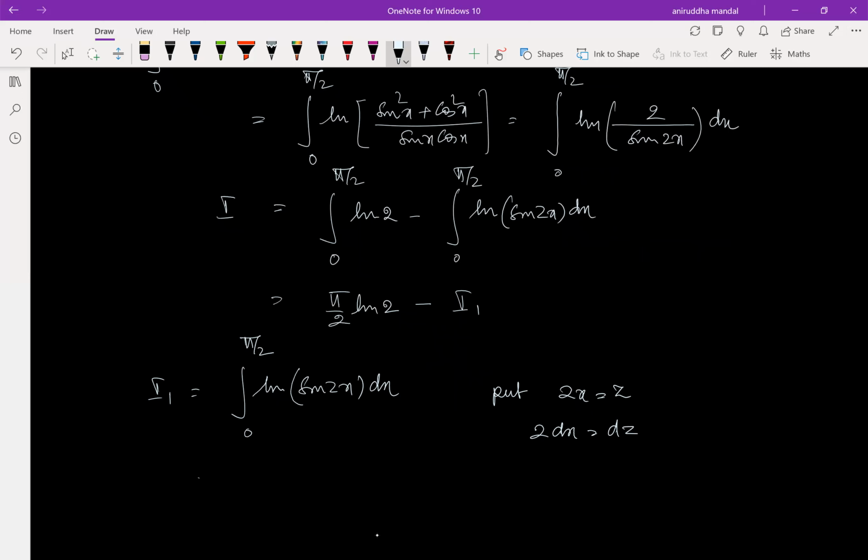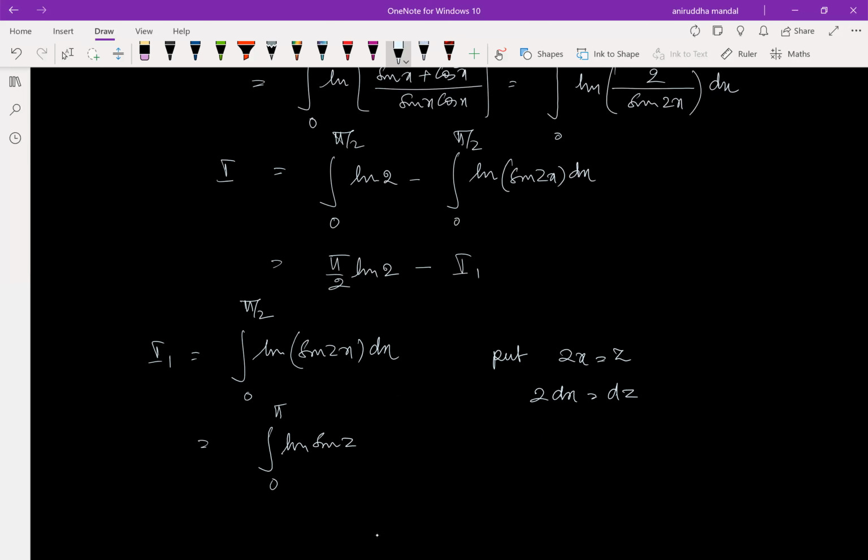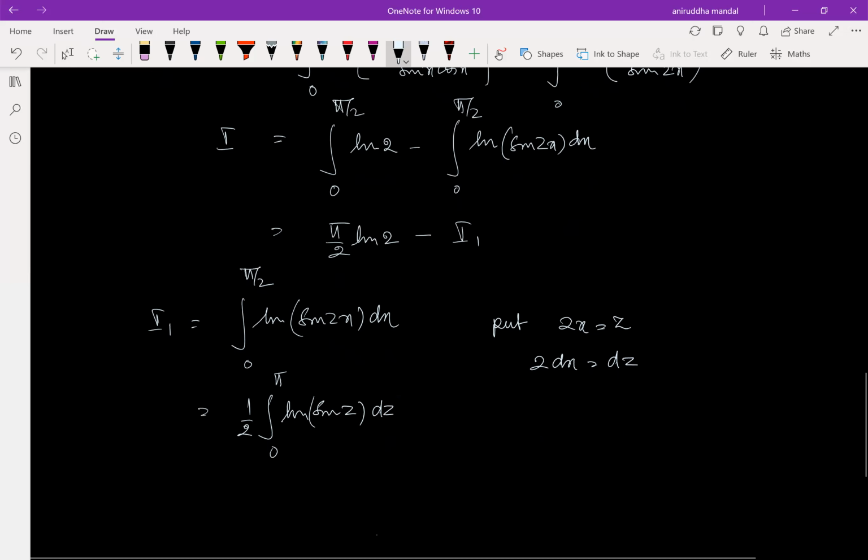So this is from 0 to 2 pi of ln sine z dz by 2. Now half, 0 to pi ln, again this is a periodic function from 0 to 2 pi, because if we put pi minus z, this is sine z, so this is sine z dz.